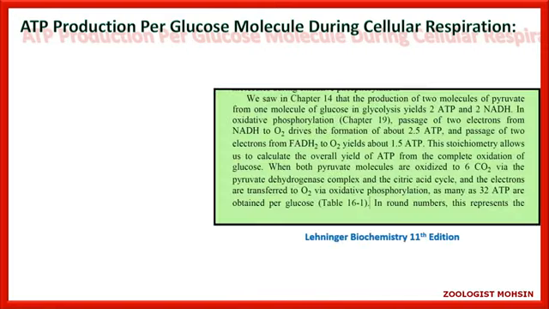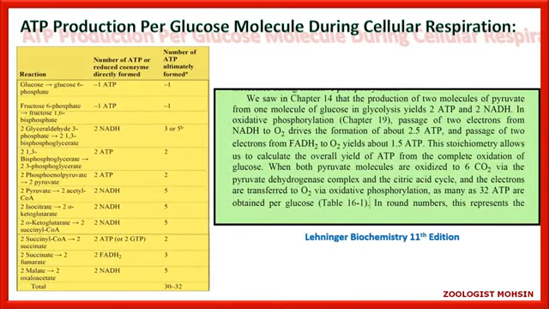Here is another source, Biochemistry by Lehninger, 11th edition. They also suggest that the total number of ATP molecules produced is 32, and they have given all the details of all the steps as well, where energy is utilized and where net ATP is produced. In the fourth row, you can see that they have given 3 or 5.